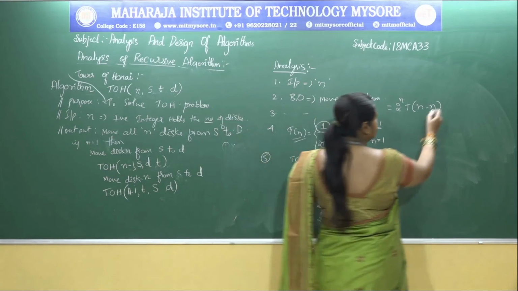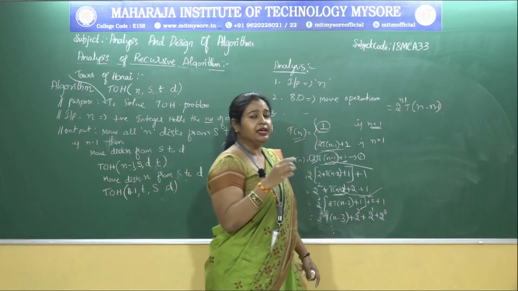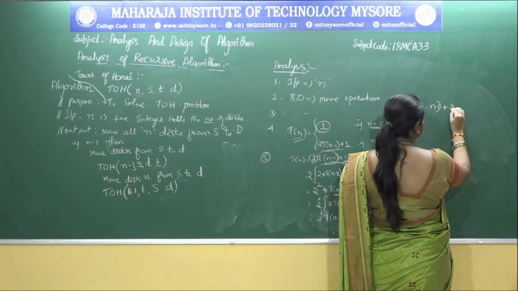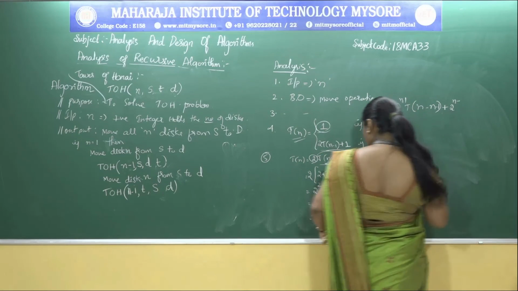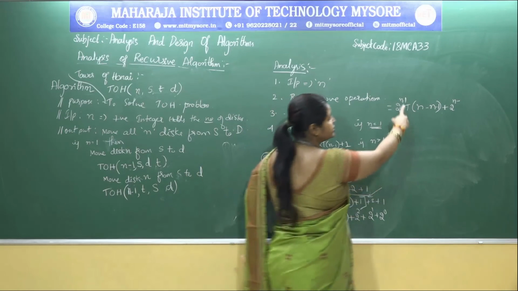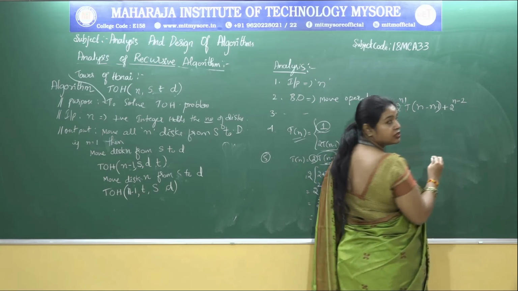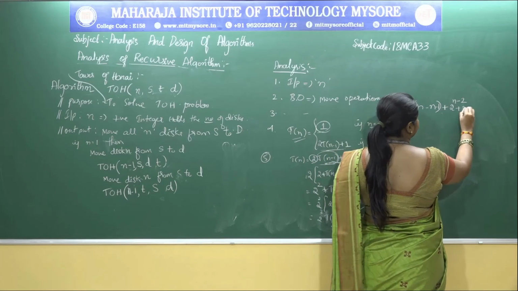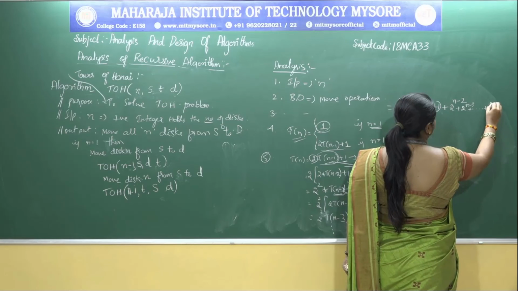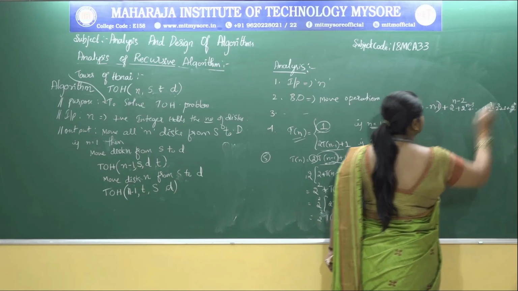So for that reason, go up to the n minus 1th term. Then it will be 2 to the power of n minus 1, observe here, if it is 2 cube, this is 2 square. Therefore, this is the n minus 1th term. Definitely this term will be the n minus 2 term, next n minus 3, and so on: 2 cube plus 2 square plus 2 plus 1, or 2 to the power of 0.